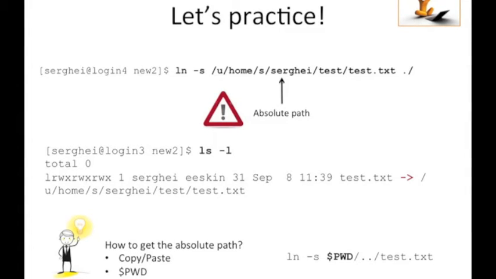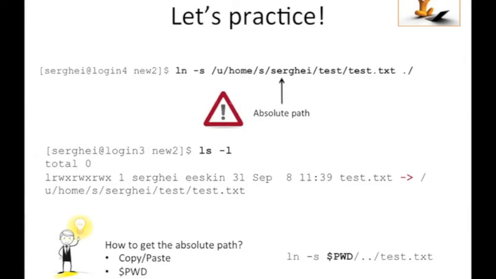The link will have exactly the same name as the original file. If you want to change the name, give a new name to the link, just put the name here.